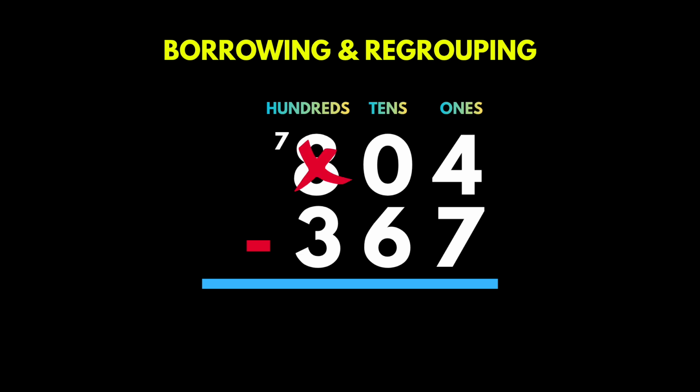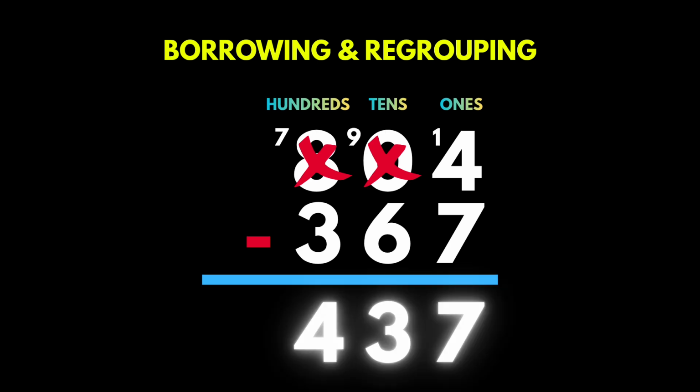Borrow from the hundreds. 8 becomes 7, and the tens 0 becomes 10. Now borrow from the tens. 10 becomes 9, and the ones 4 becomes 14. 14 minus 7 is 7. 9 minus 6 is 3. 7 minus 3 is 4. So the answer is 437.